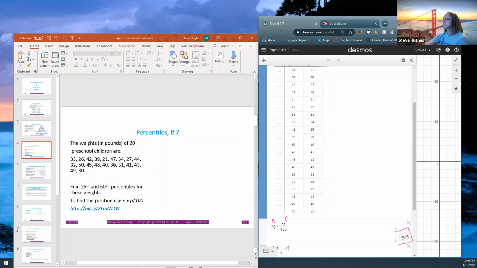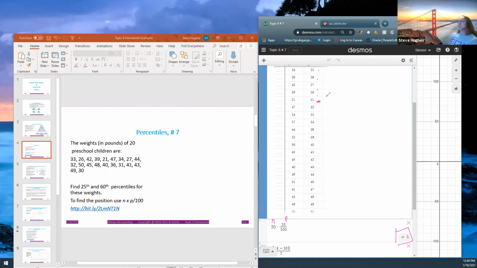That means that is the 5th position. So if I count down here on my chart that I organized from least to greatest, 1, 2, 3, 4, 5. There it is, right? The 5th one right here. It tells me that 31 is the value that's in the 5th position.